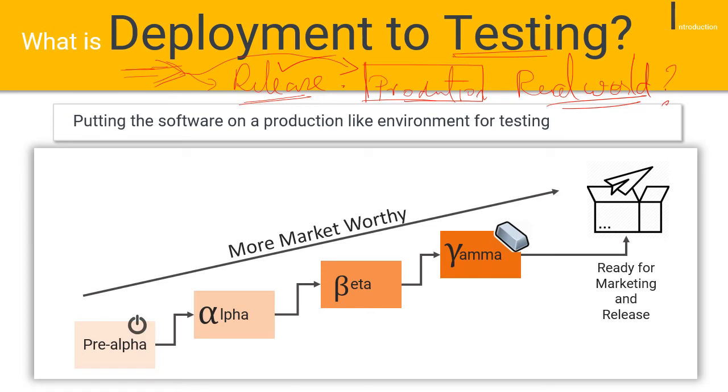So you will deploy your software into production even before it is released, and then perform a bunch of tests so that you are sure that your software will perform well in the real world. So deployment could be done for testing also, and not just for release, which is what we are going to discuss in detail in this particular section.